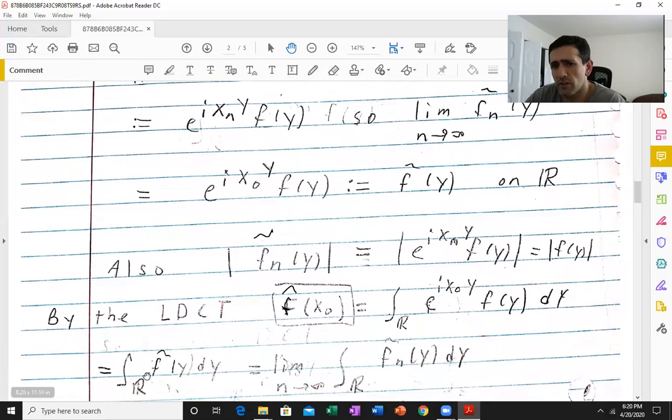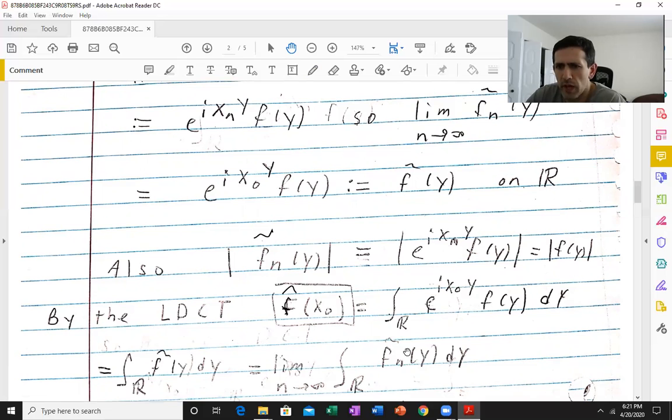Which is, again, the integral of this function here. But f_n tilde converges to f tilde on R. And it's dominated by the absolute value of f of y for every y and every n. And this is integrable, so by the Lebesgue dominated convergence theorem, these two are going to be equal.